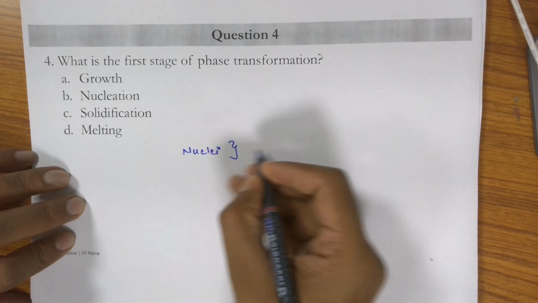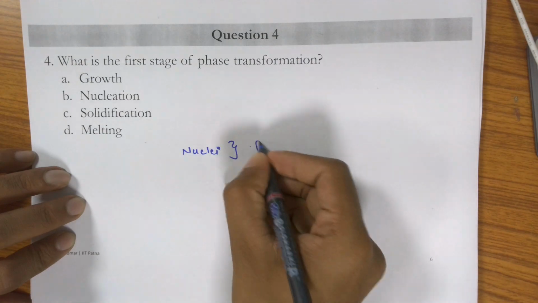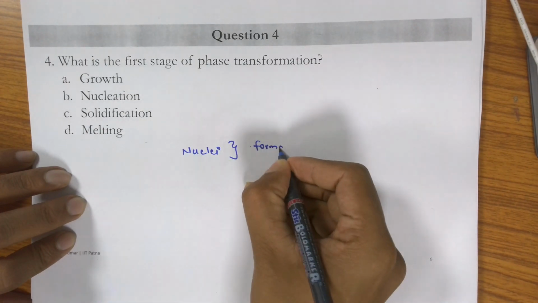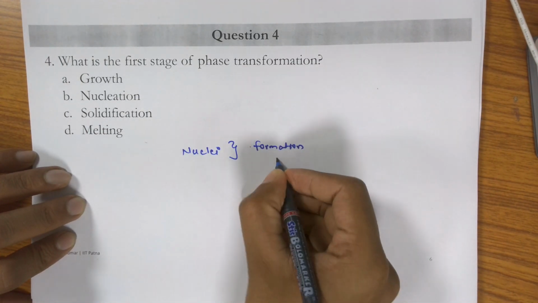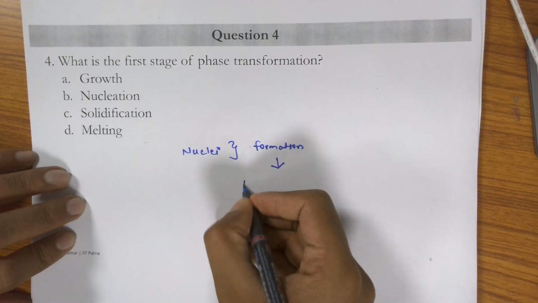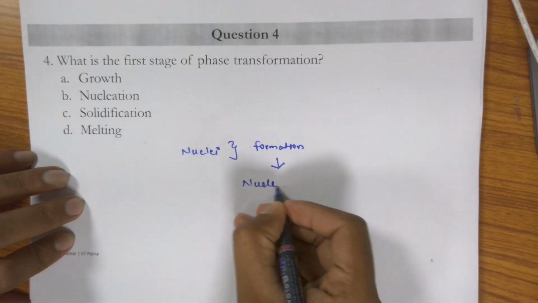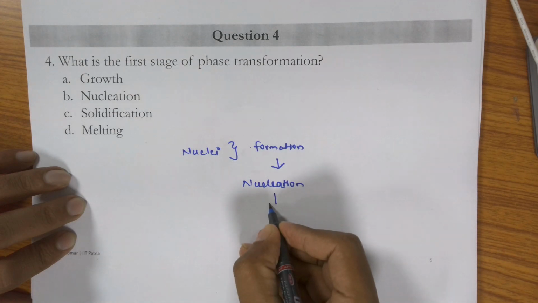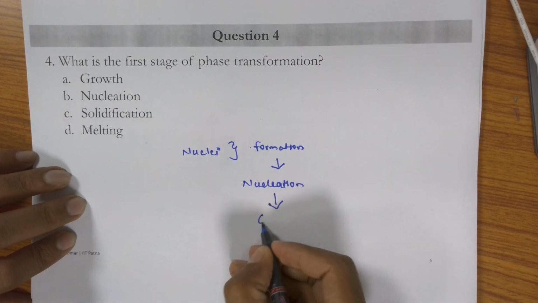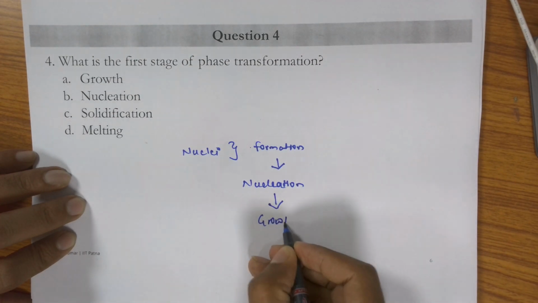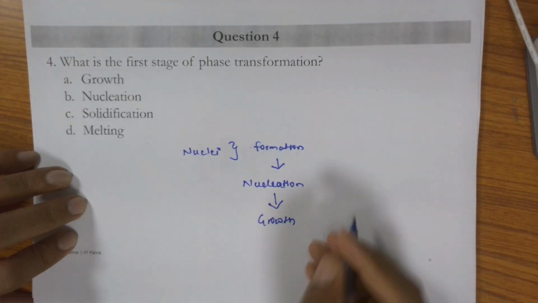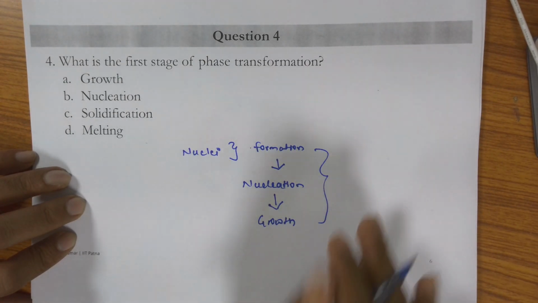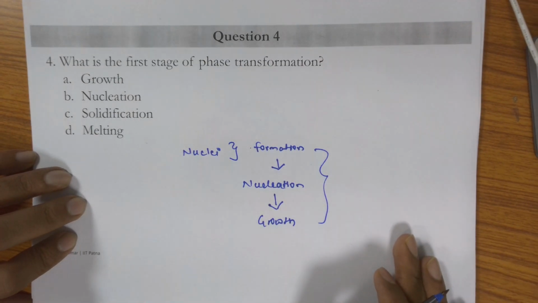The formation of the nuclei takes place by the process known as nucleation. Then the nuclei will grow, the process of growth will occur. And with this, any transformation can take place.